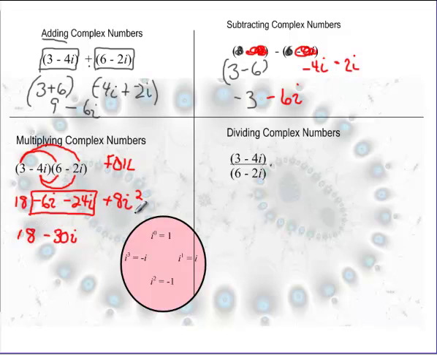But i squared, if I look down here in my clock, i squared is negative 1. So an i squared took that and turned it into a real number. So now I have 18 minus 30i minus 8. So I can combine these two real parts right here, and that ends up being 10 minus 30i. So I have 10 real parts and negative 30 imaginary parts.